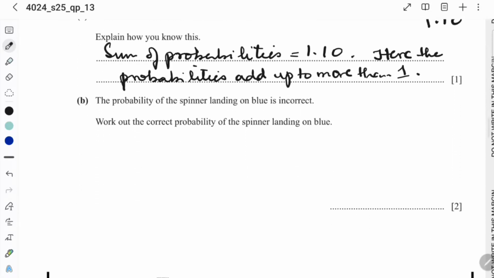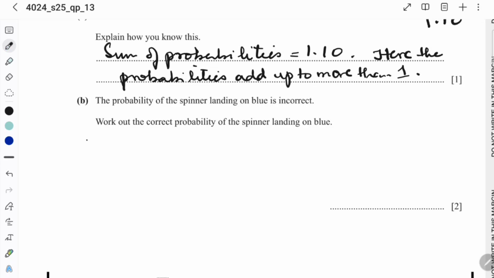Part B, the probability of the spinner landing on blue is incorrect. Work out the correct probability of the spinner landing on blue. It means the mistake is in the probability of blue. So we just find out what is the probability of blue, which they are asking in this question.